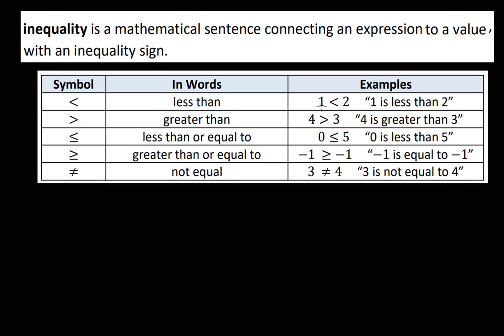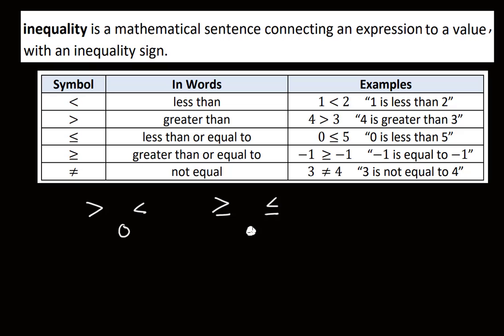So what is the difference with less than or equal? When we have less than or greater than, we will use the open circle. But when we have greater than or equal, or less than or equal, we will use the closed circle to include that value. When we use the open circle, we assume the value is not part of the inequality.